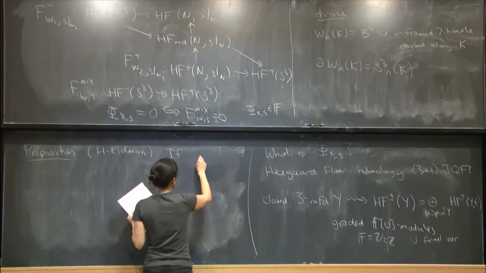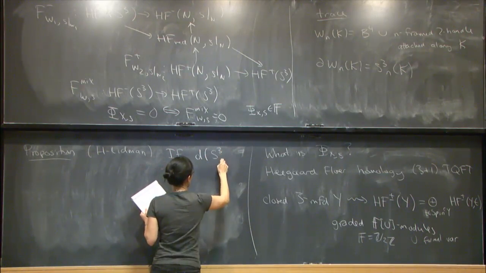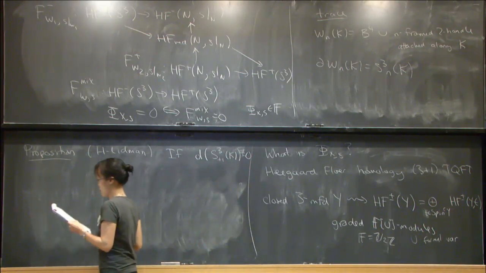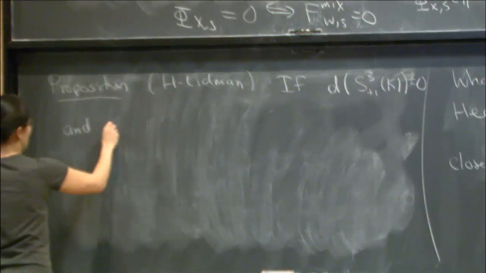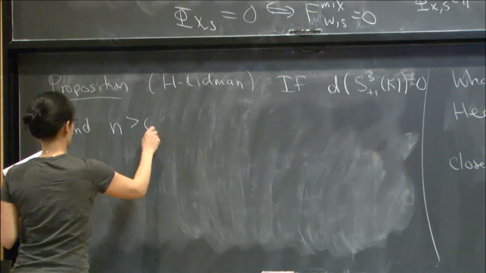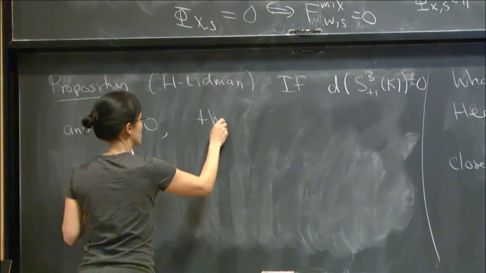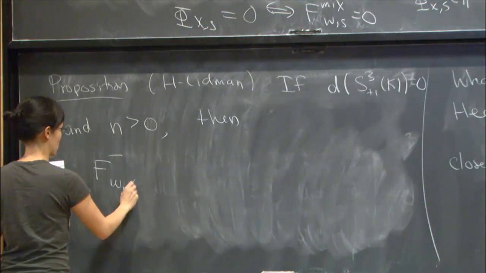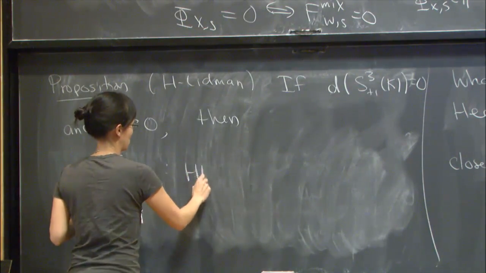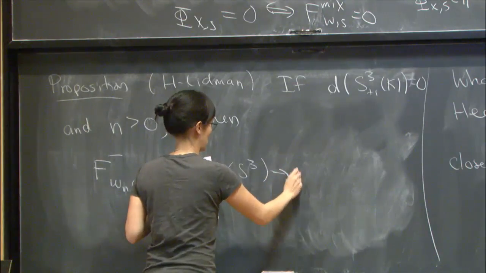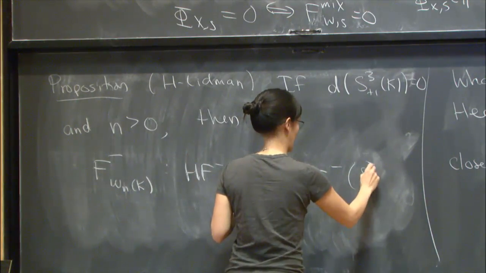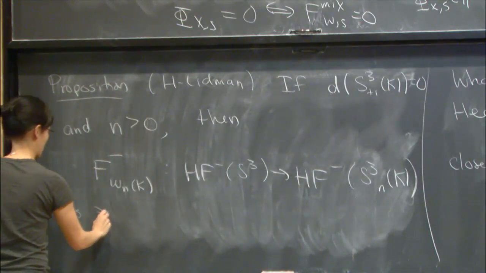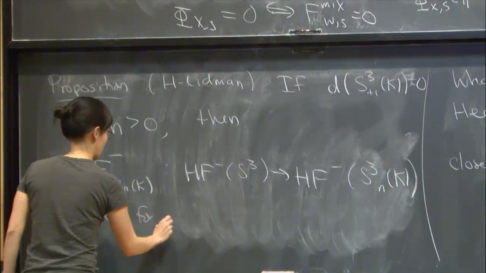So if d of +1 surgery along K is 0, and n is some positive integer, then the cobordism map associated to the trace of n surgery along K is 0 for all spin-C structures.